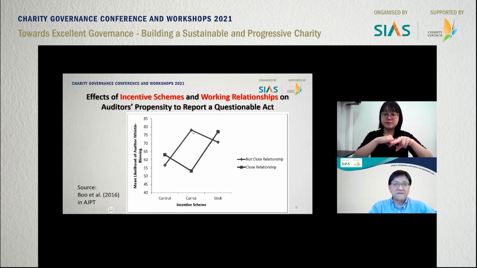Then if there is no relationship here, you can see that the reward works pretty well. And as for penalty, regardless of relationship or not, it works pretty well. So the takeaway here is that penalty works regardless of whether or not there is a close relationship between you and the perpetrator. All right, so maybe that is something we have to think about in incentivizing a whistleblowing scheme.